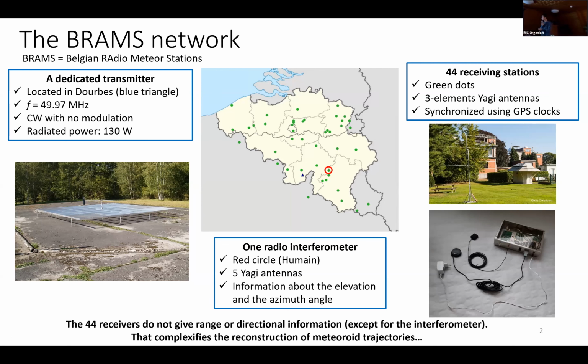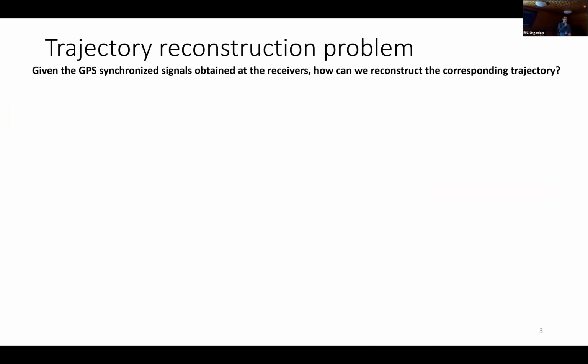There is only one station, the red circle that you see, which has an interferometer that allows us to get information about the direction of the incoming signal. For the others, we do not have this information, which means that the problem is quite complicated. The only information we have is that our receivers detect signal and they are all GPS synchronized.